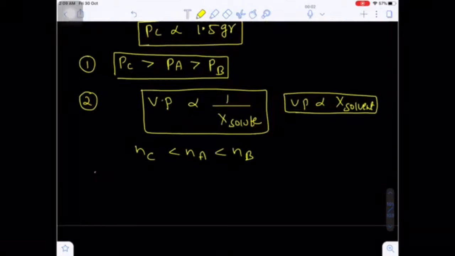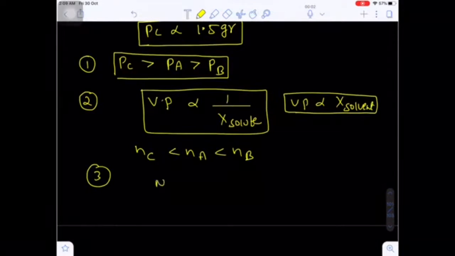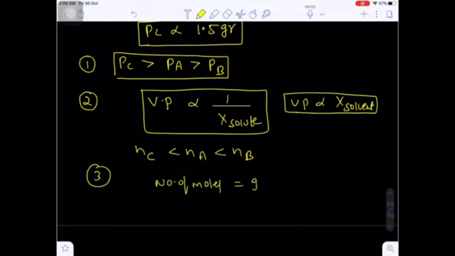And the third question, what will be the third question? The third question will be the number of moles. Do you know? Number of moles is equal to given mass divided by molar mass.